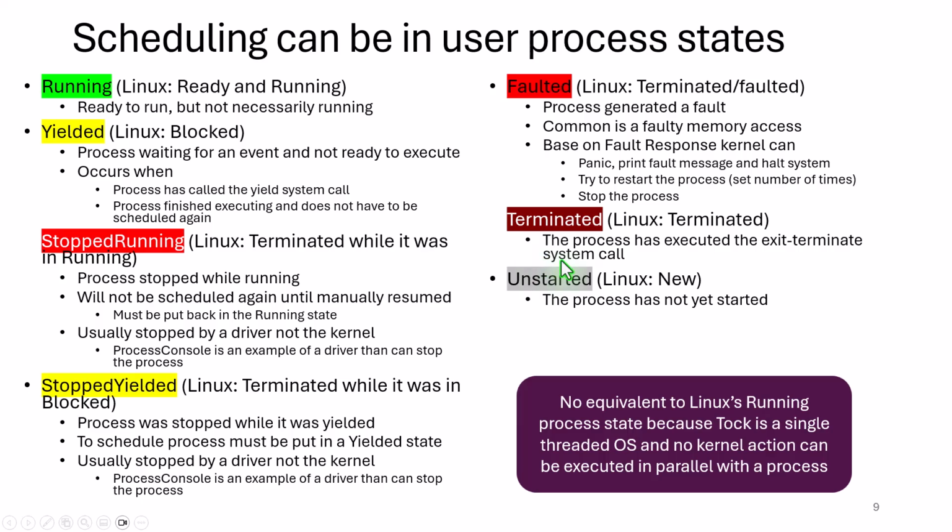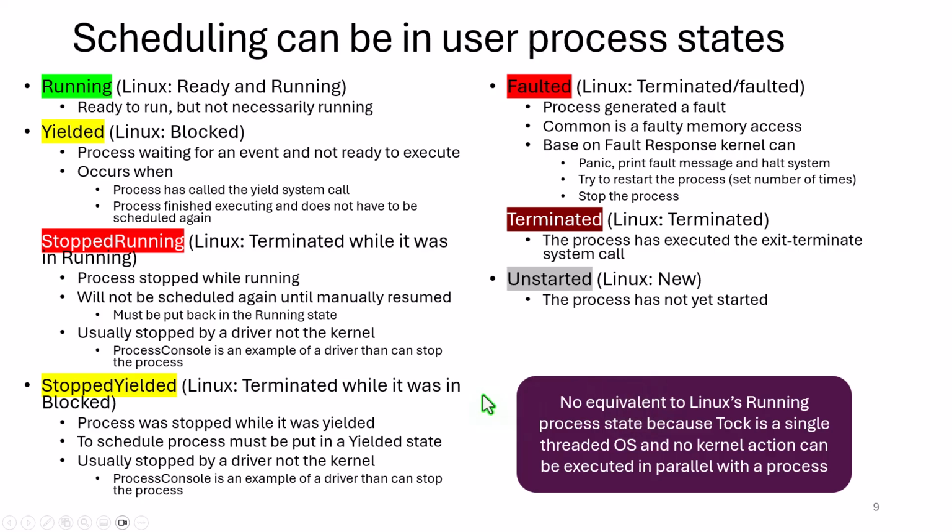So it's saying it's done, it did what it needed to do. It's not yielding or waiting, it's just done. And there's also unstarted, which is like new, so it hasn't yet started anything. Linux has a running state, but Tock doesn't, because Tock is single threaded. The process couldn't be running while the kernel is actually running, so that state doesn't exist.